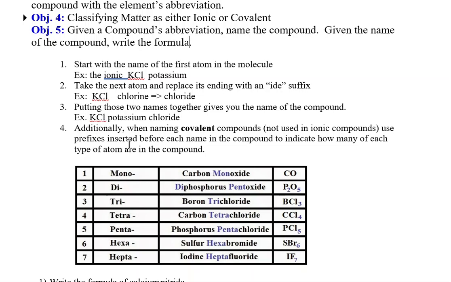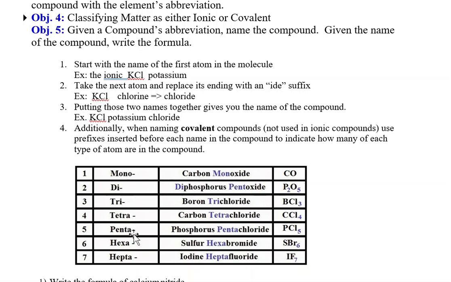But once we get to covalent compounds, we do want to say how many they are. So here, this carbon and oxygen, I'm still going to start with just the name of the first one, as it is, carbon. But when I talk about the oxide, I put the oxide ending on that, but I also tell you how many oxygens. So that would be carbon monoxide.